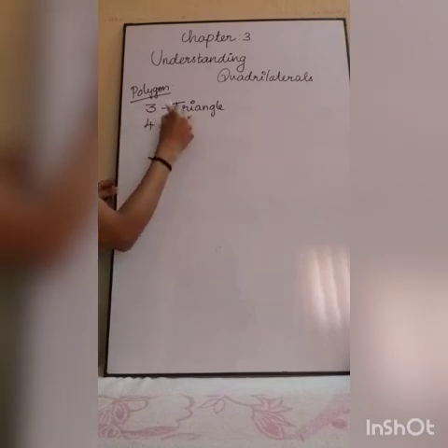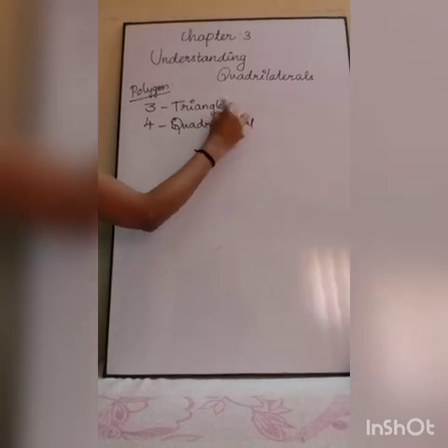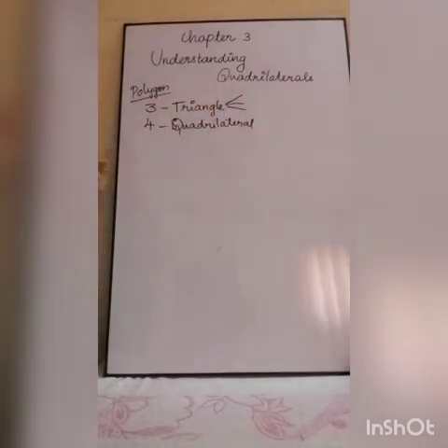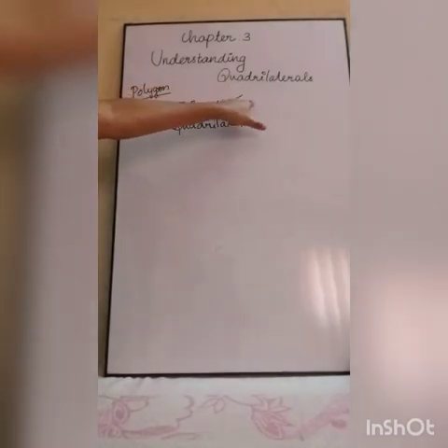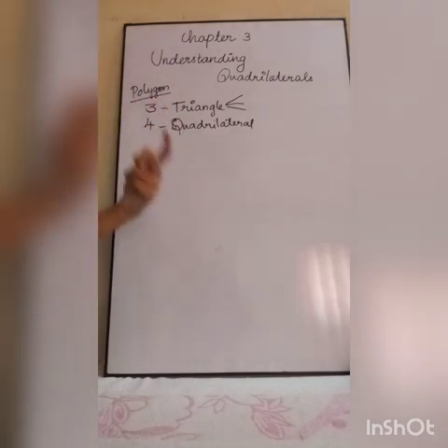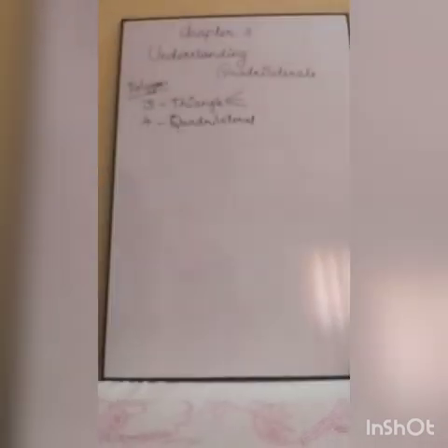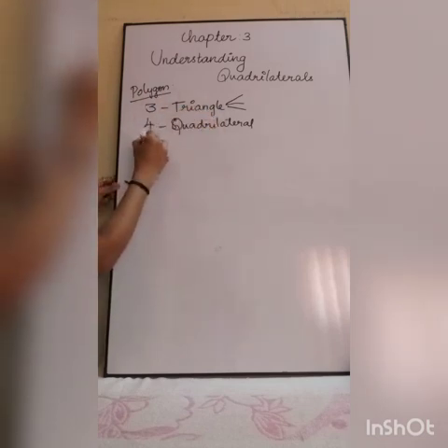If it is 4 sides, we say it is a quadrilateral. In a triangle itself, we have types like isosceles, equilateral, and scalene triangle. In quadrilateral, we have many things like square, rectangle, trapezium, parallelogram. We have many 4-sided figures, but the general name for a 4-sided polygon is quadrilateral.